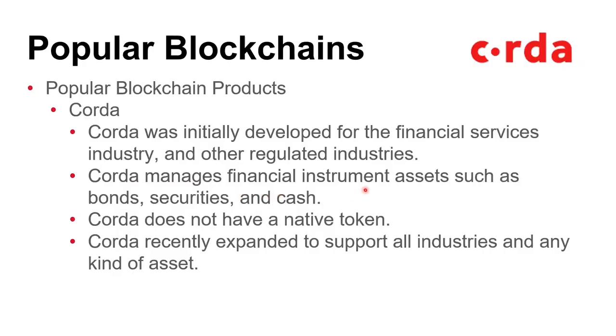Corda manages financial instruments and assets such as bonds, securities, or cash, and has branched out to other types of asset management, to the point where it can handle any type of asset. Corda does not have a native token, and recently expanded support to all industries.